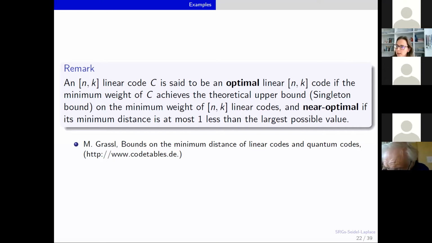And here, when I speak about optimal and near optimal, I am referring to the Markus Grassl table on this page, called bounds on the minimum distance of linear codes and quantum codes.